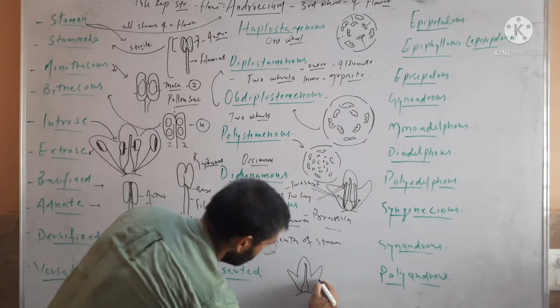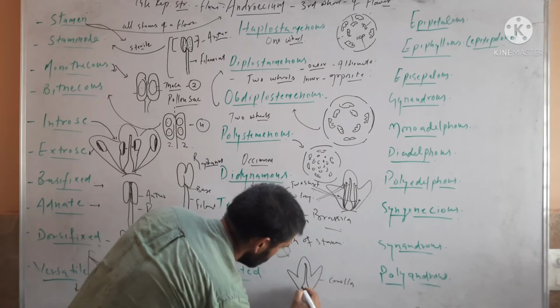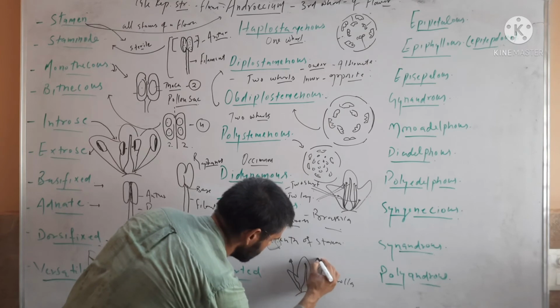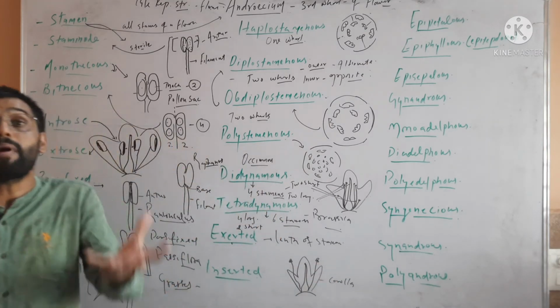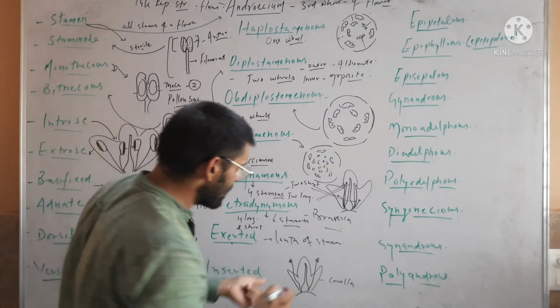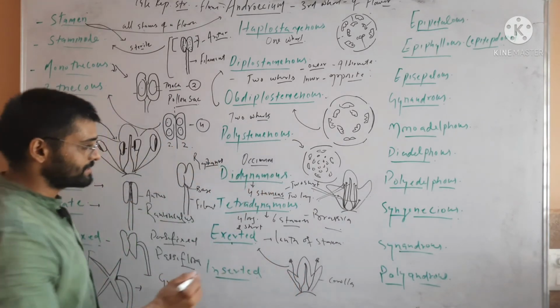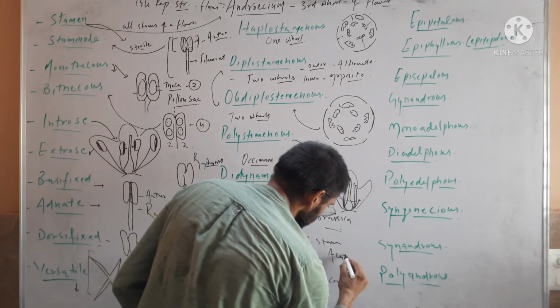So this is the corolla. If the length of stamens is longer than the corolla and they come out of the flower, then this type of stamens are called exerted. For example, in acacia.